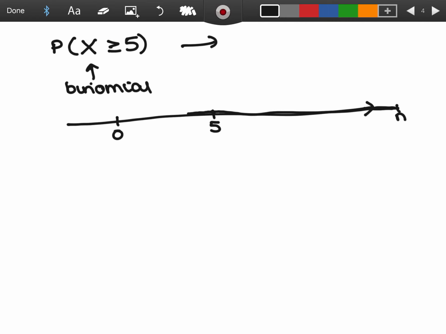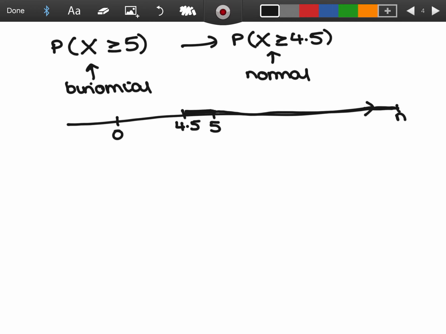So this time, I'm going to come back here to 4.5. Anything 4.5 or greater rounds up to 5. So when I go over into the normal distribution, I want the probability that x is greater than or equal to 4.5. Again, we have made our set larger here.